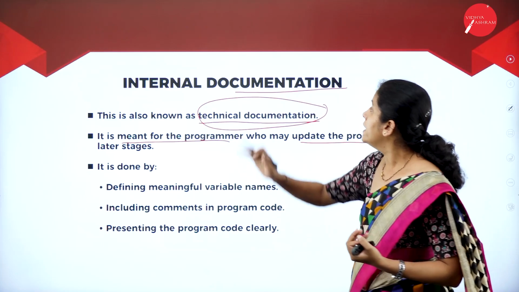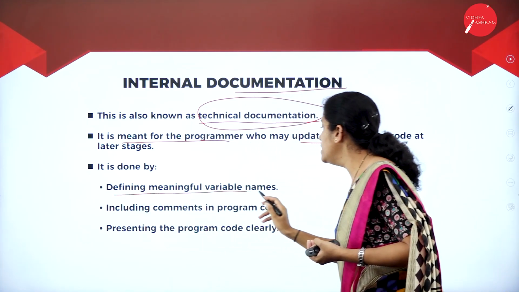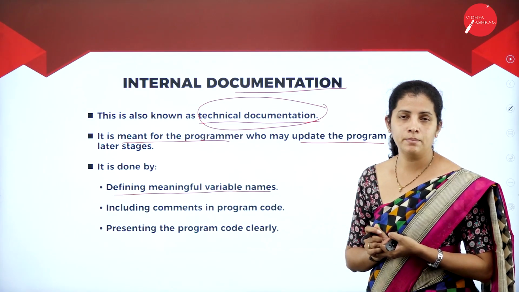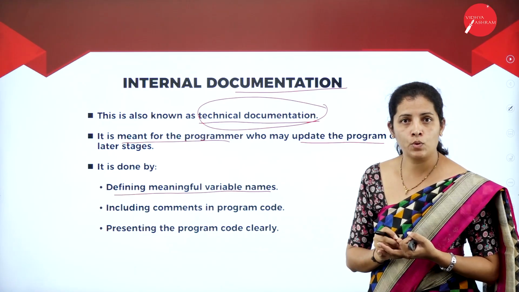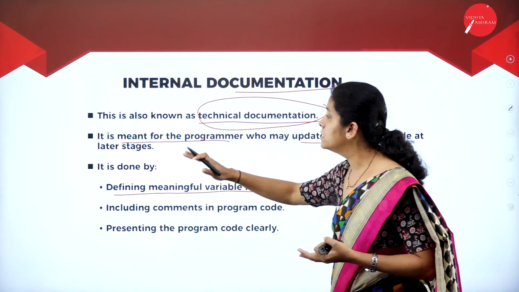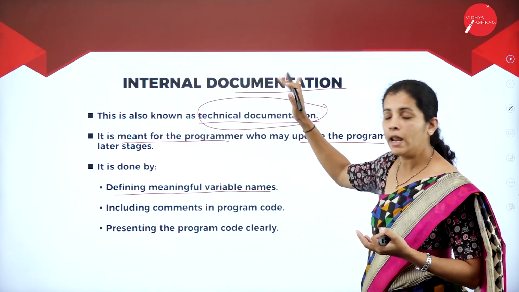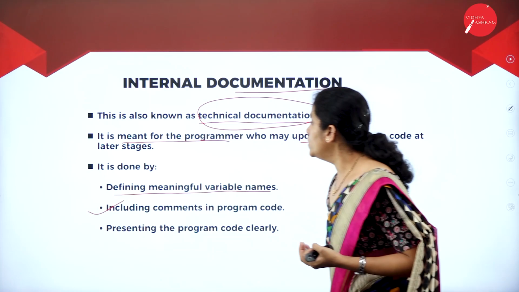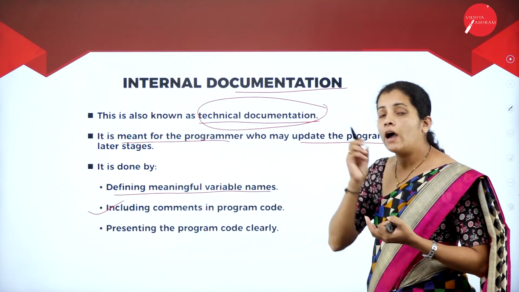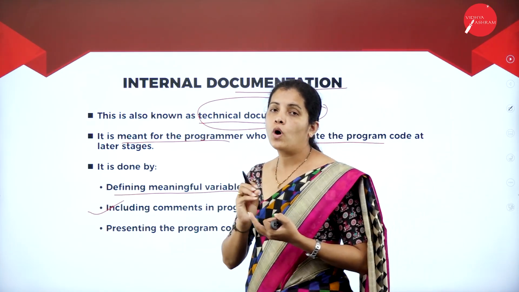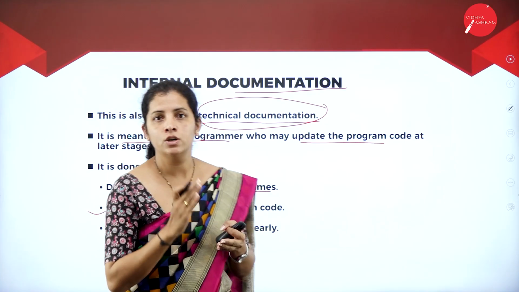Internal documentation includes defining meaningful variable names. That means what kind of variables I have used in my program is included in my internal document. Along with that, it includes comments in the program code. After writing each piece of code, I write a comment for it.